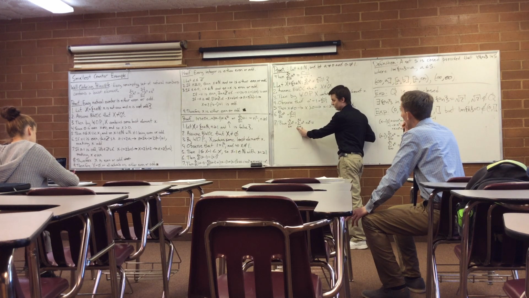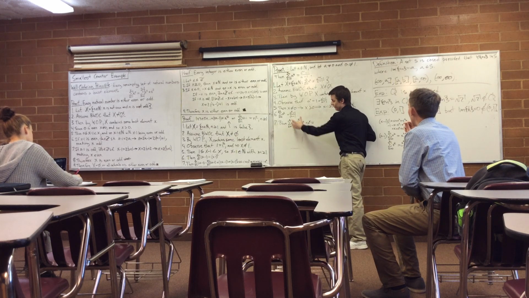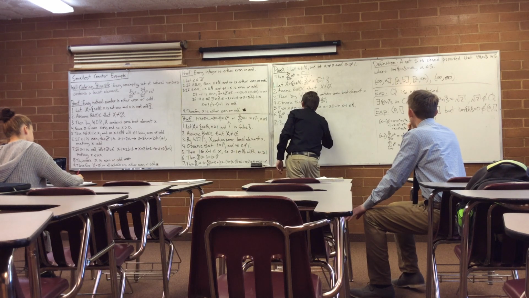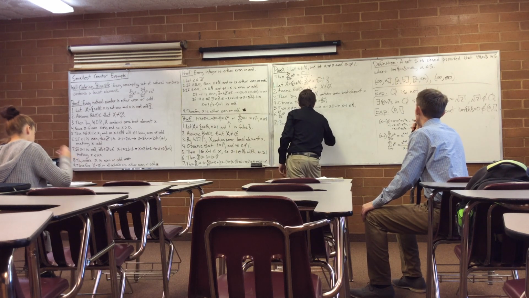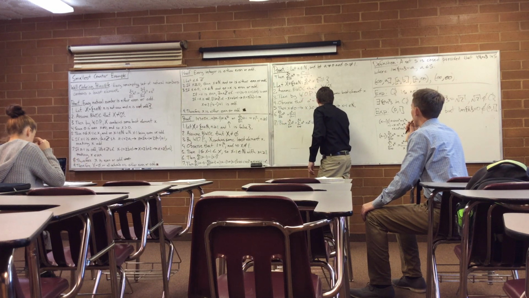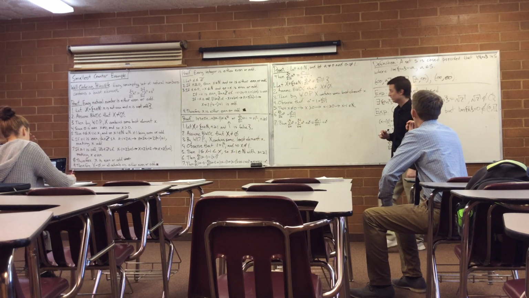What's this? No, this whole term right here. That's this, right? So this is equal to a to the x minus 1 over a minus 1 plus a to the x. Get a common denominator.